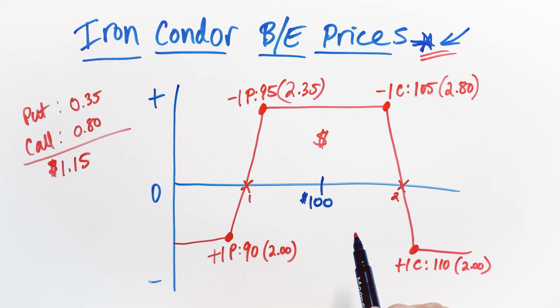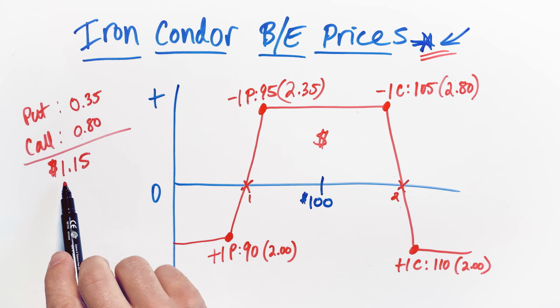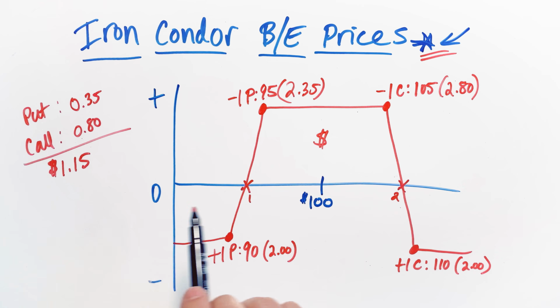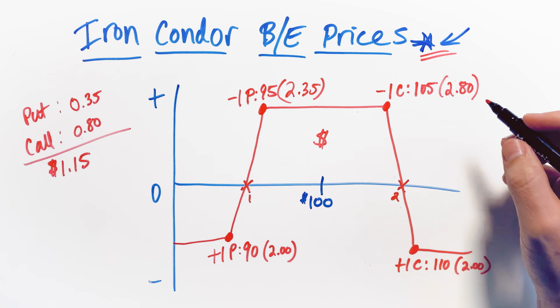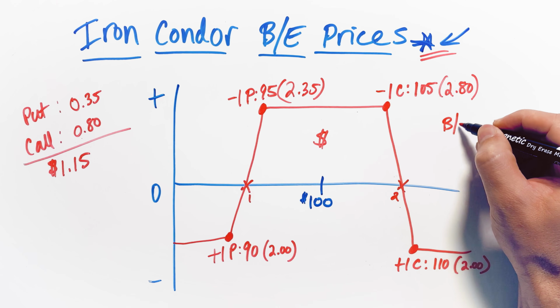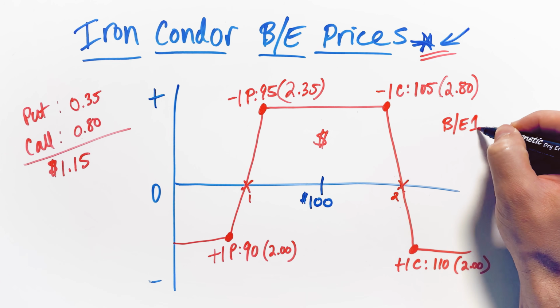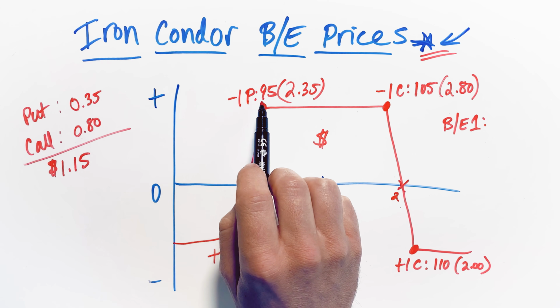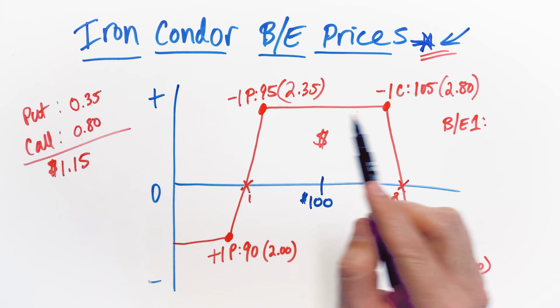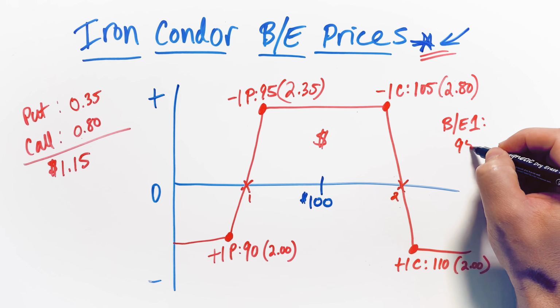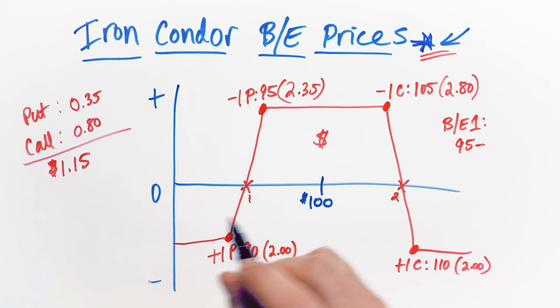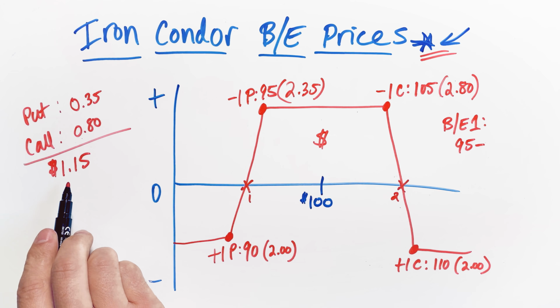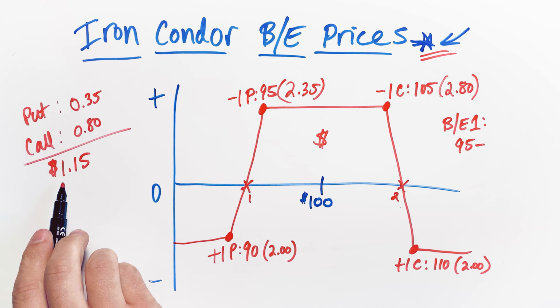So we're going to use the $1.15 credit to calculate break-even price 1. We'll put BE1 over here so that we can go through the calculation together. To calculate break-even point 1, we take the short put option strike price, which is $95, and we subtract the credit that we received on our total Iron Condor position.